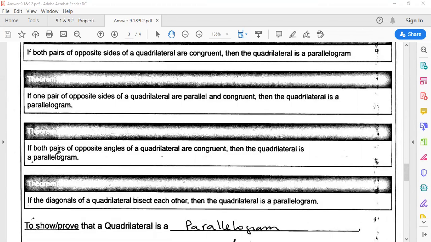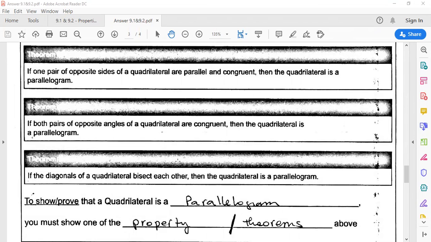The next one: if both pairs of opposite angles of a quadrilateral are congruent, then the quadrilateral is a parallelogram. If I can confirm that the two pairs of opposite angles have the same measurement, then I can say this quadrilateral is a parallelogram.